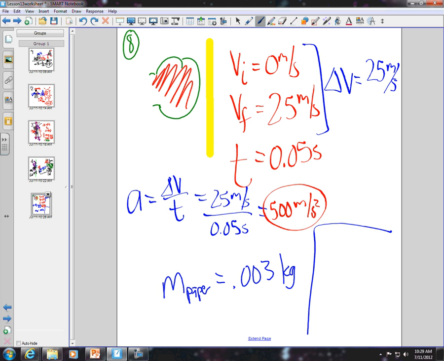So again, force equals mass times acceleration, that overall force we said was, we don't know. The mass we said, 0.003. Multiply that by 500.